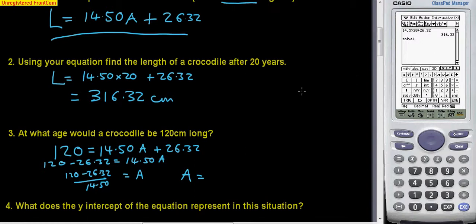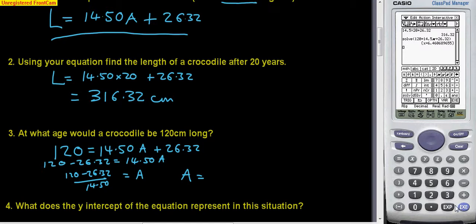Then I enter the whole equation: 120 equals 14.5, and I'm going to put X for the bit that you're missing, because the calculator is expecting to see X's, plus 26.32. Close off the bracket, and then get it to solve it for us.